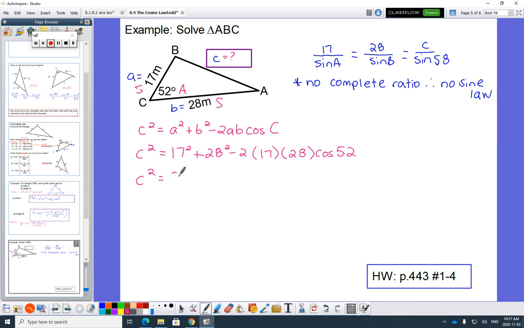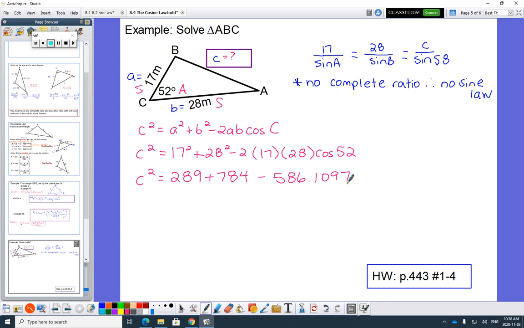So 17 squared is 289. 28 squared is 784. -2 times 17 times 28 times cos 52. So when numbers are written like this, that means multiply, right? Okay. Is -586. I'm going to round. It's a repeating decimal.